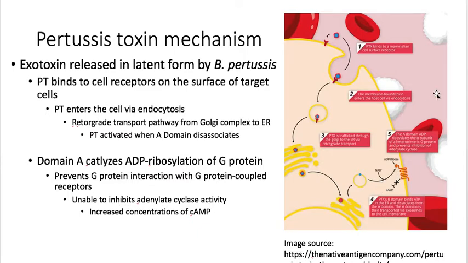And this blocking of the interaction makes G protein coupled receptors unable to inhibit adenylate cyclase activity, which in turn causes cAMP to build up inside of the cells. This leads to a lot of systemic effects.